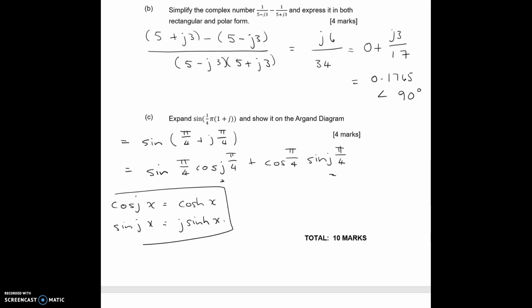So that's just something to remember. Now it means that we can replace the sine j with j sinh, and the sinh and the cosh we can look up on our calculators.